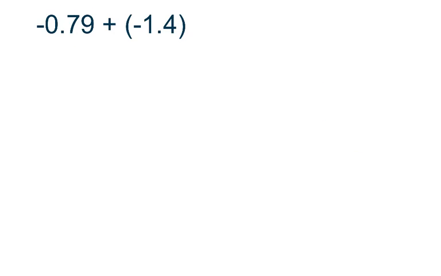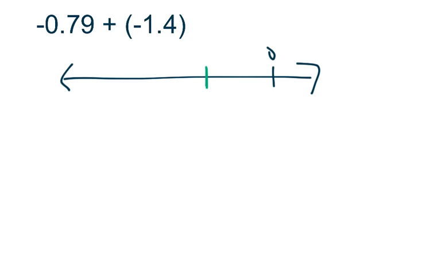Okay, so on this problem, we have to again look at negatives, positives, how many of each. So both of these are negative. So negative 79 hundredths plus negative 1 and 4 tenths, that's like if you have a number line that looks like this, you're starting at a negative already, at the negative 79 hundredths, but then you're adding another negative.